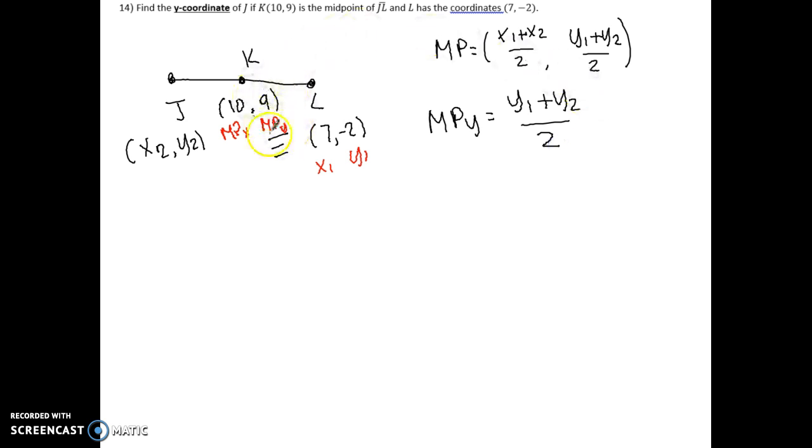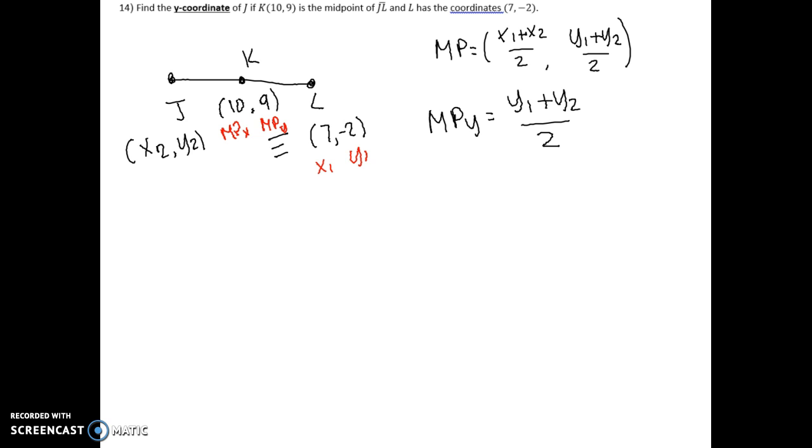But since we already know a couple of things in here, let's go ahead and replace that. So we have our MP of y, which is 9, equal to y1, which was 2, plus our y2, which we don't know, but we are looking for, divided by 2.